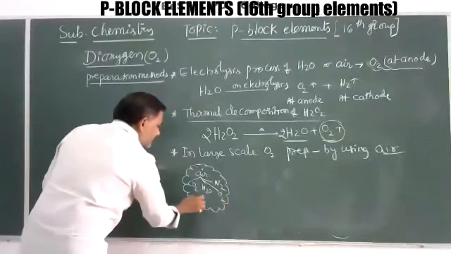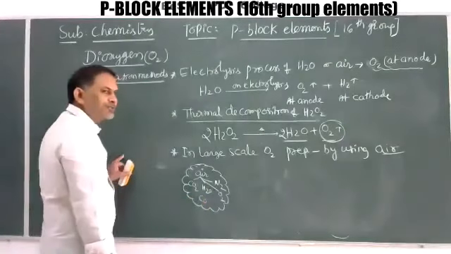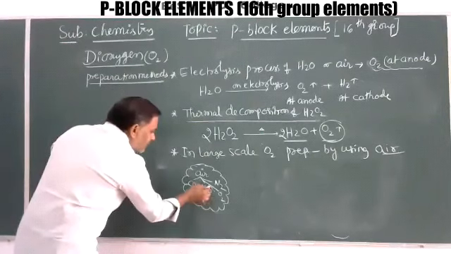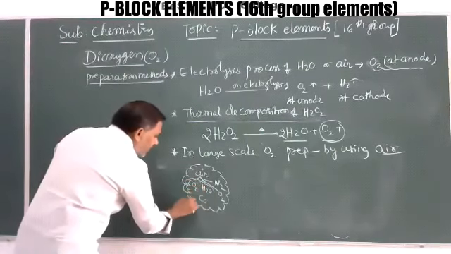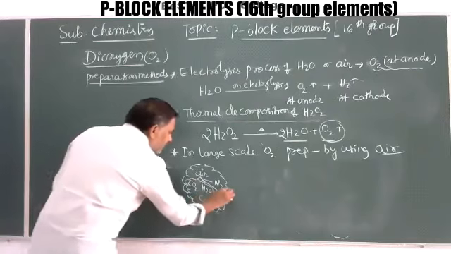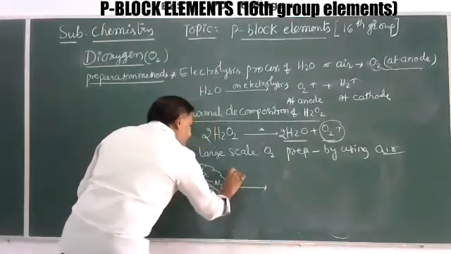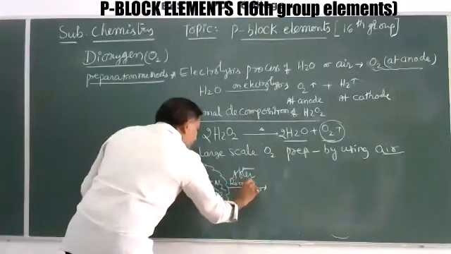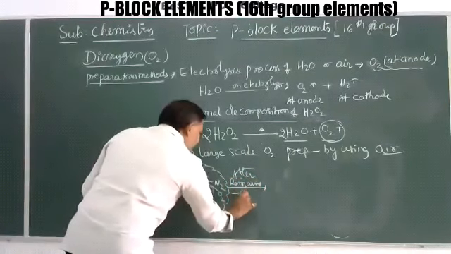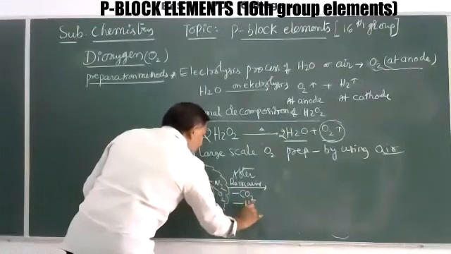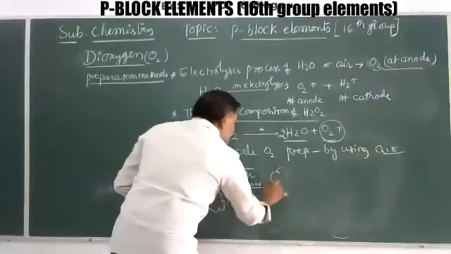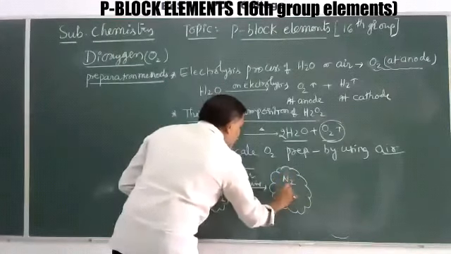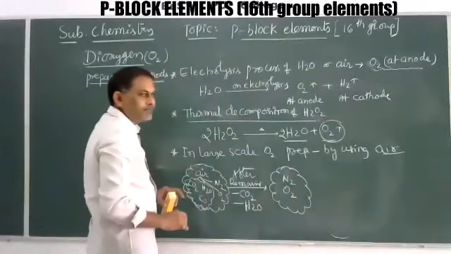Some other gases, like carbon monoxide, are also present in atmospheric air. After removing carbon dioxide and moisture by different methods, the atmospheric air contains nitrogen and oxygen gases.